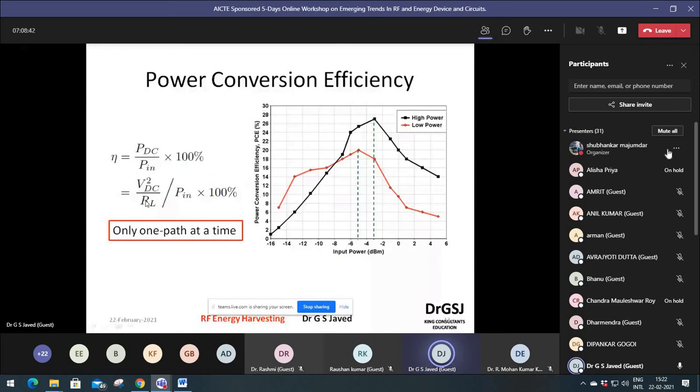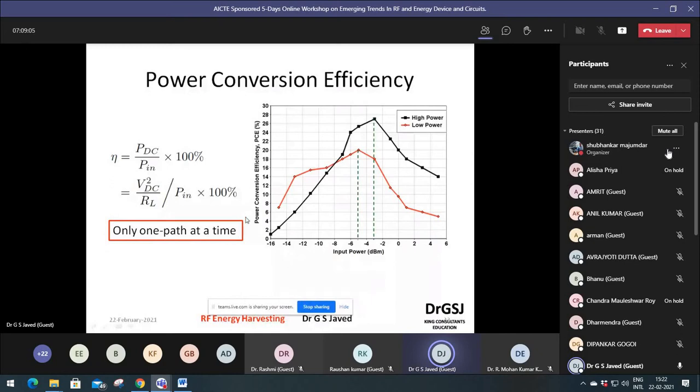Now, in essence, to find the power, we take the final VDC output, which in this particular case is 1 volt, and the RL value, the load resistance that is kept. In this case, it was kept at 100 ohms and 1 kilo ohm, and we find out the total power efficiency we get. Now, in this particular graph, we are measuring only one path at a time.